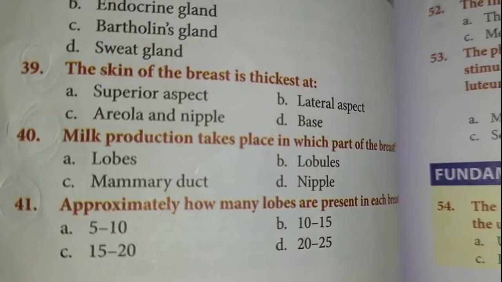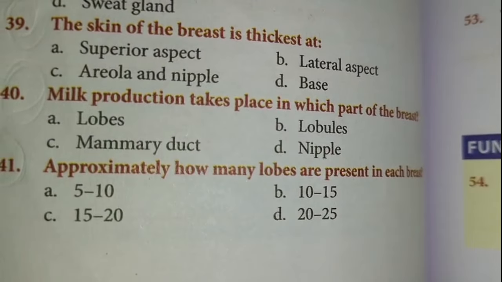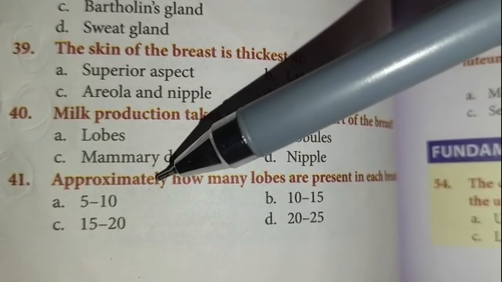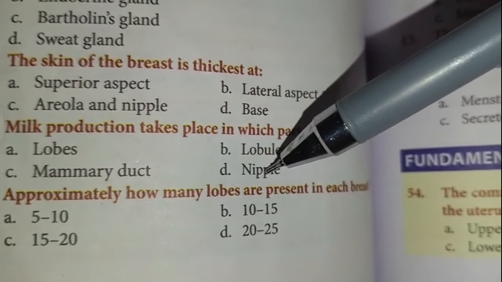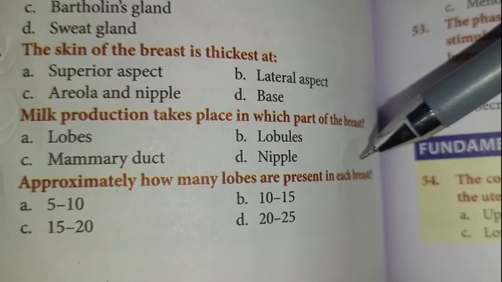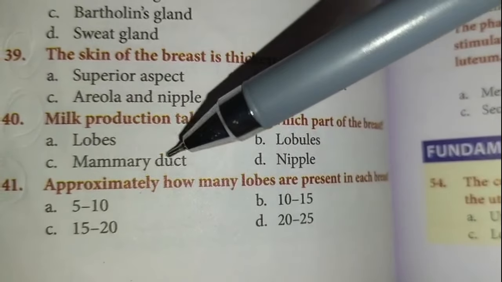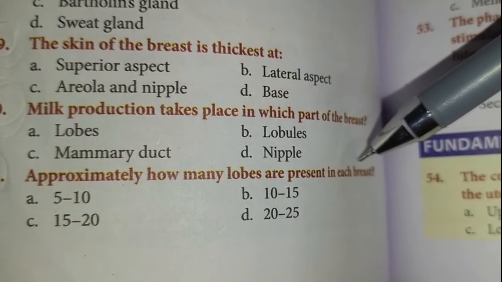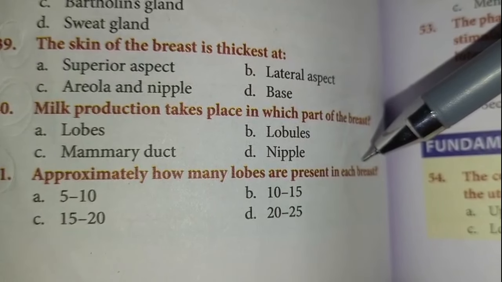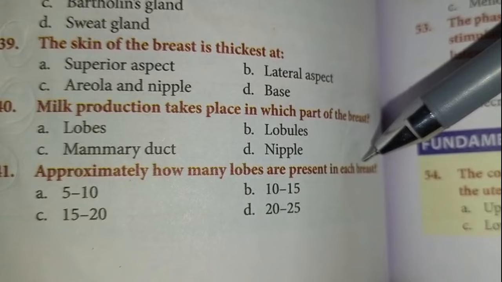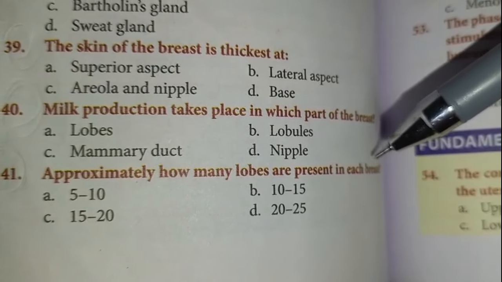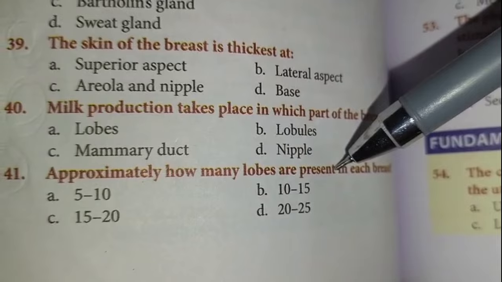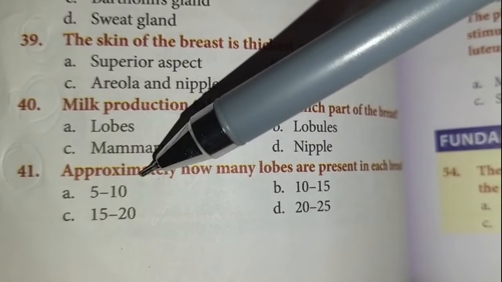And the next question is, approximately how many lobes are present in each breast? Option A, 5 to 10.